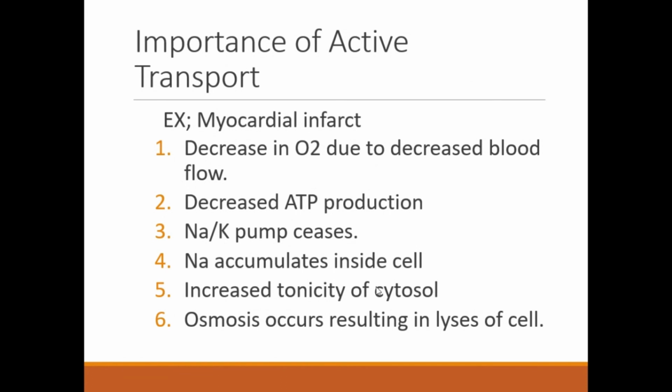ATP goes down, we no longer have the energy we need to use our sodium-potassium pump. We can't pump sodium out, therefore now it starts to accumulate in the cell. It becomes toxic in the cytosol. The osmolarity of the cytosol goes up, water moves into the cell and causes that cell to burst and lyse.